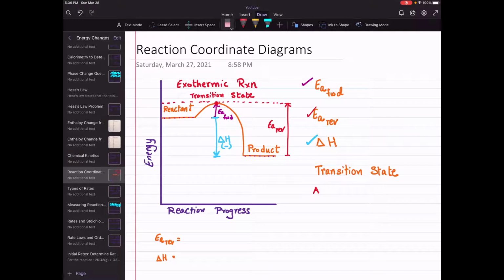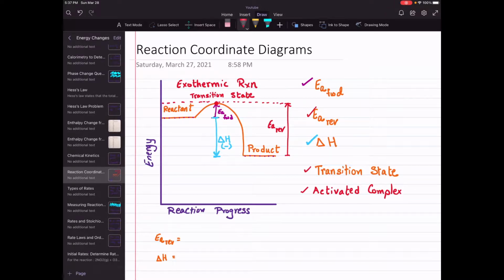Writing it up here so that you have the terms activated complex. So again, if you don't know what any of these terms mean, please go into your search engines. You can search what these terms mean and make sure you understand what a transition state is in a chemical reaction and an activated complex is in a chemical reaction.